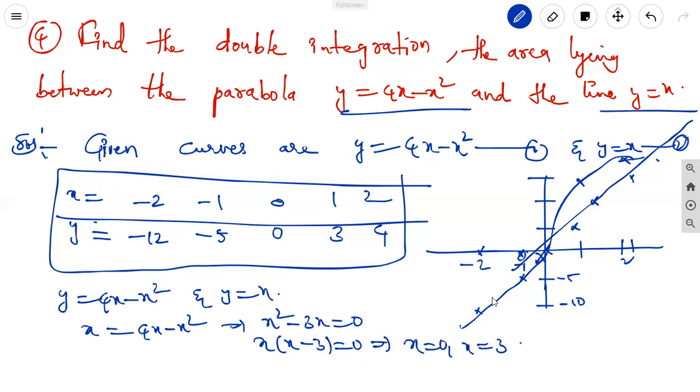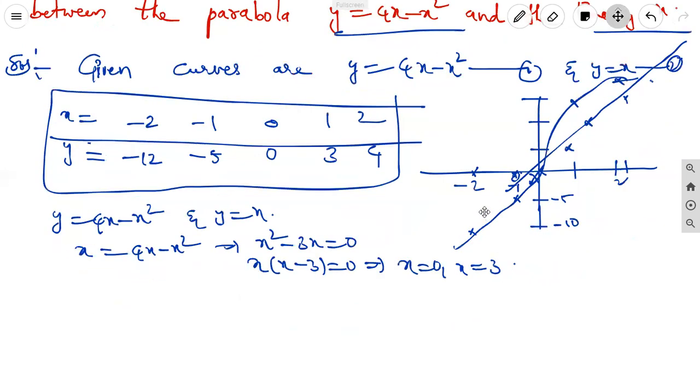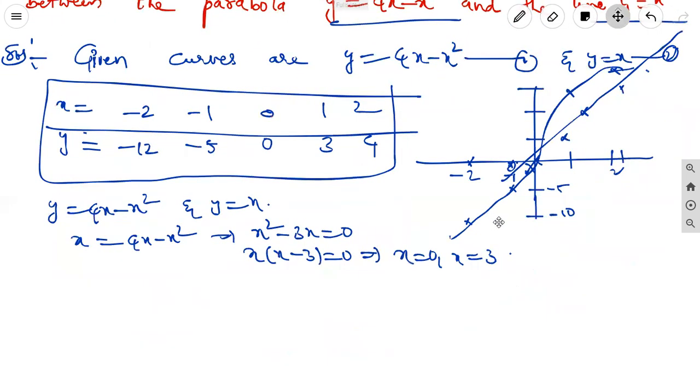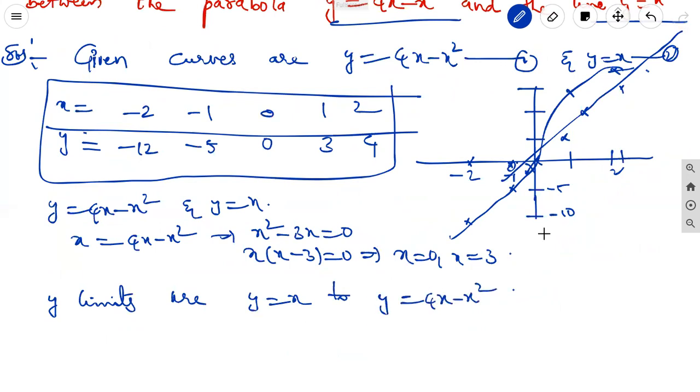The limits of y are y equal to x to y equal to 4x minus x square. The x limits are 0 to 3.